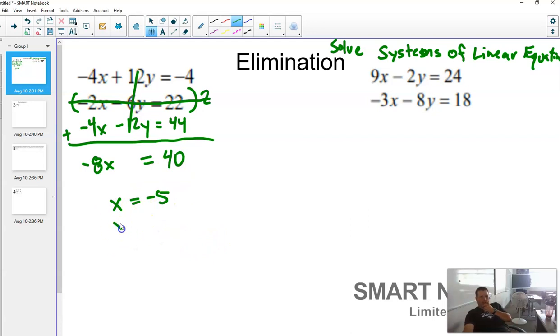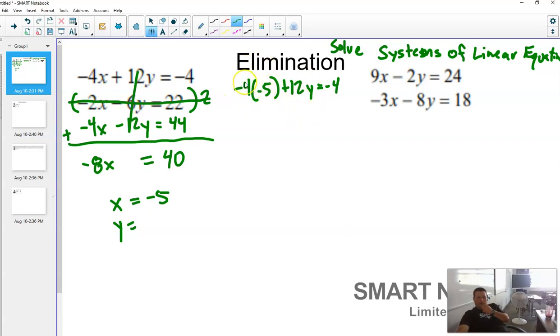I do need to find out what y is equal to. To do that, I'm just going to plug in negative 5 to one of the equations, and it doesn't really matter which one, but I'm going to plug it in for x. So if I take the top one, I'm going to go negative 4 times negative 5 plus 12y equals negative 4. And so then I can just solve for y because I only have one variable.